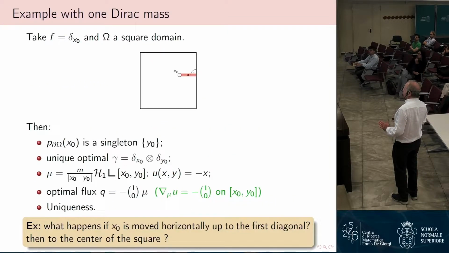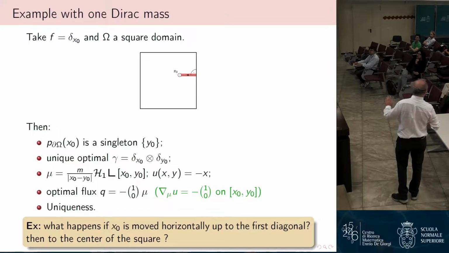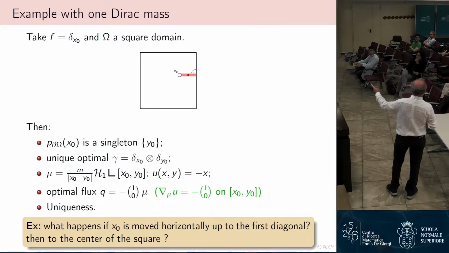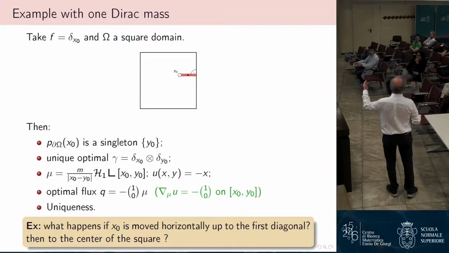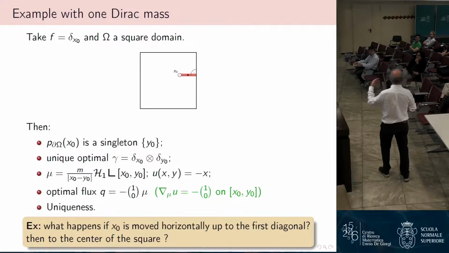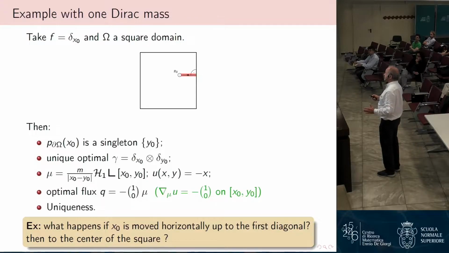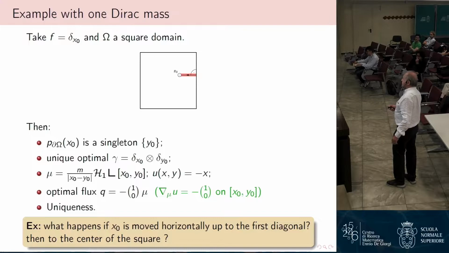There is a very nice example. I give you a very simple example because this trivial example will be very surprising when I add some constraint to the problem. I just take a Dirac mass in a square. In that case, the projection point is reduced to only one point, so the probability is a Dirac mass. There is only one possible optimal transport map.